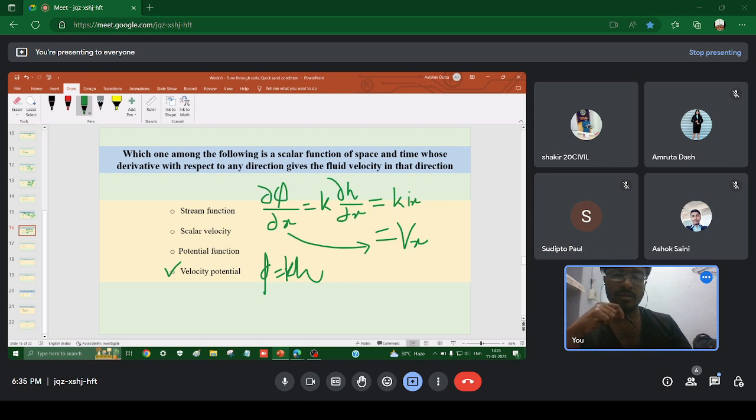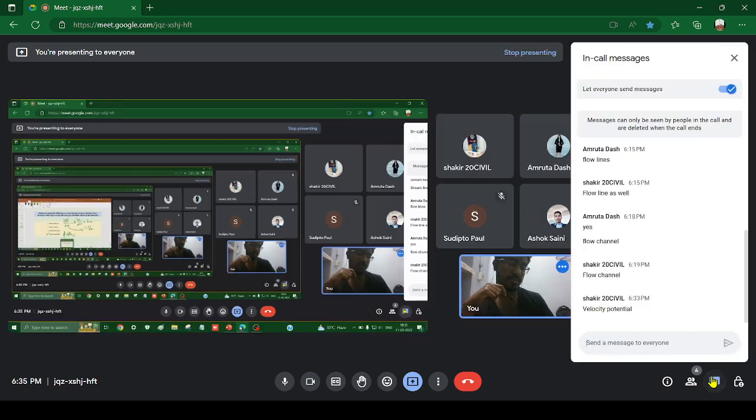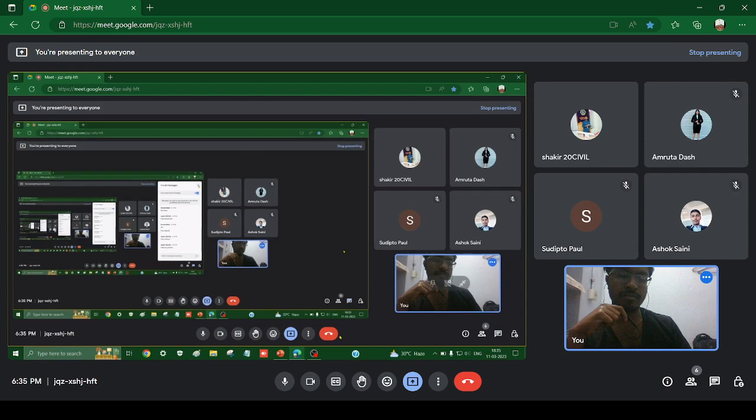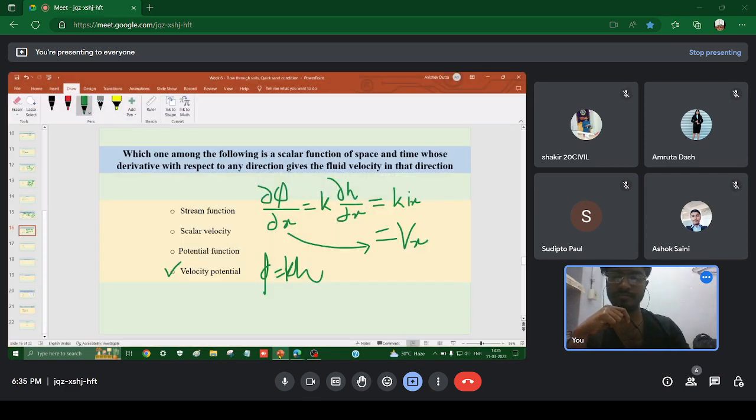Is it clear, or should I repeat? Yes, Shakir, velocity potential. Okay, I'm going to the next question. In the same way, you can also find the velocity in y direction by partially differentiating this with respect to y, that is del phi by del y.